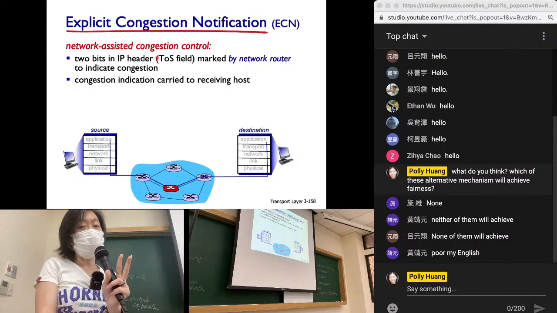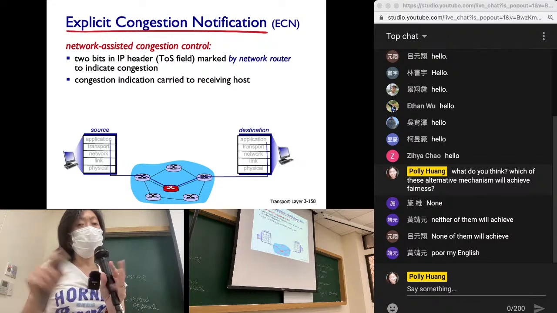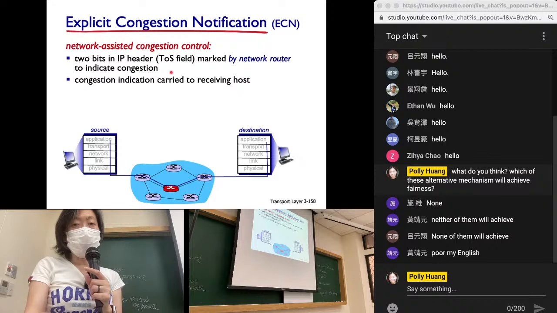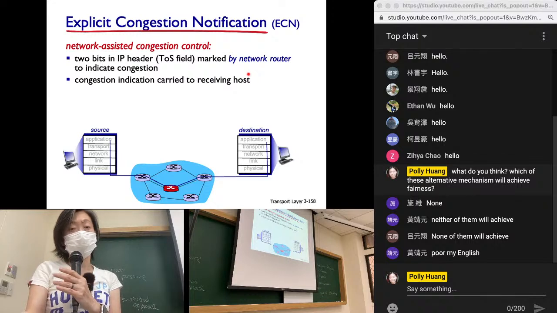There are 2 bits, very special, in this field called the TOS field, which we'll cover in chapter 4. So when the router detects that the buffer is getting shallow, then those bits will be turned on. Packets will go through the internet, through these routers, to the receiver.